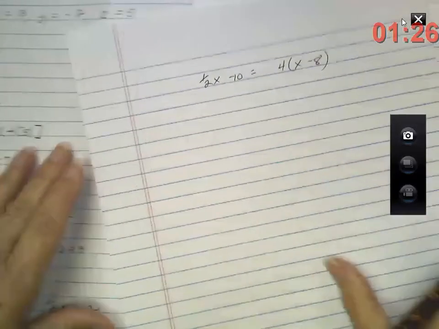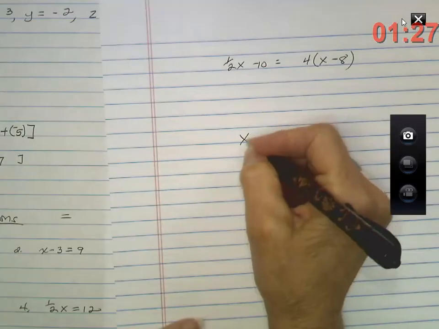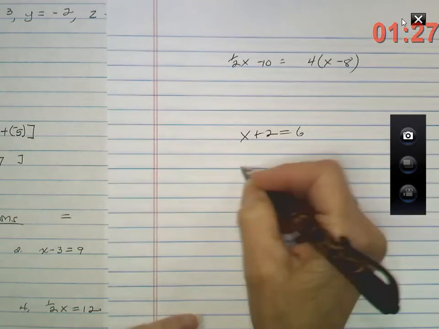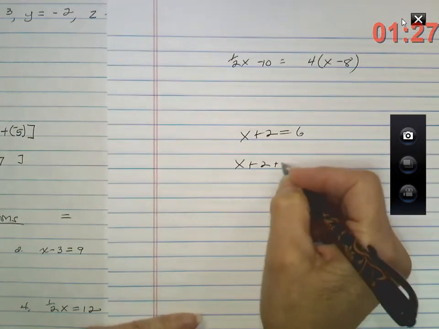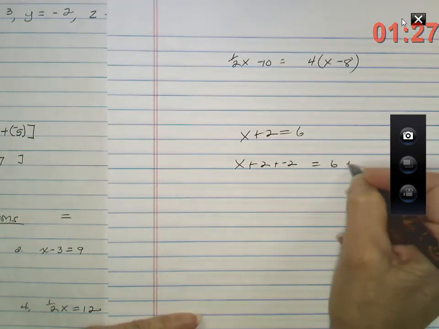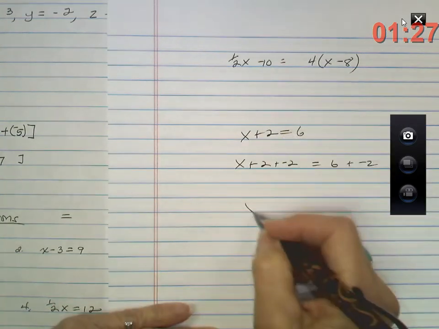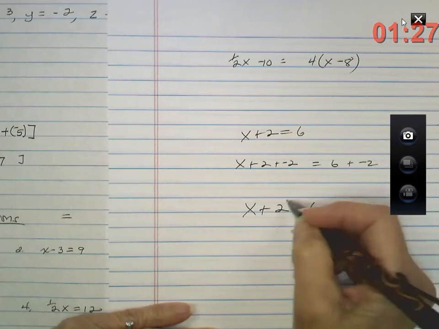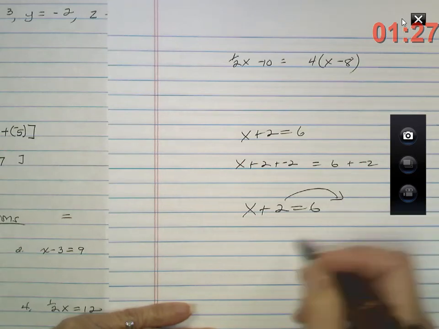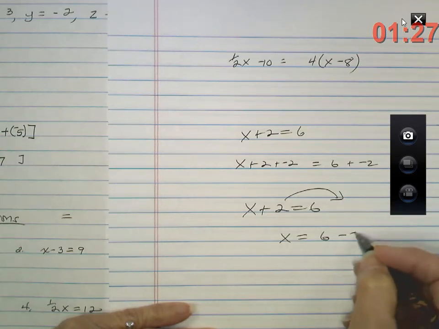They may do like this, x plus 2 equals 6. They may have made you rewrite it like this and put it out to the side. They may have made you move it and change the sign, and that'd be a 6 minus a 2.